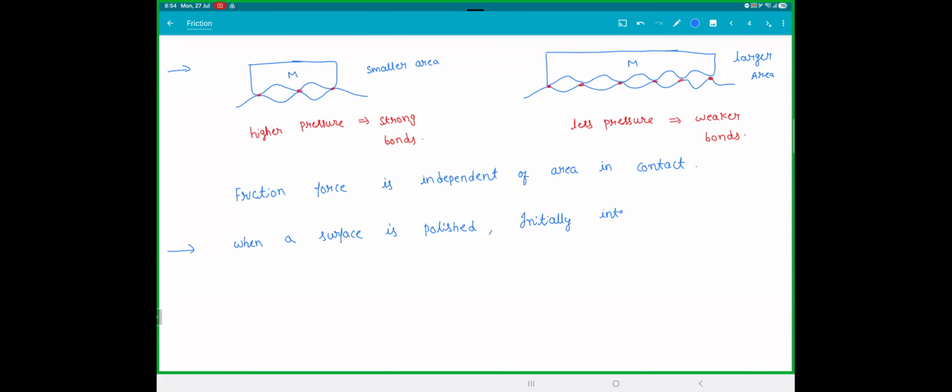When you are polishing a surface, you are decreasing the hills and valleys, so the interlocking decreases and the friction drops. You are basically changing the nature of the surface. So friction decreases. But if you continue to polish, more and more surface points will start coming in contact. Suddenly, the cold welding increases.